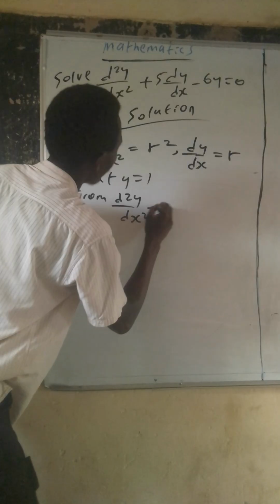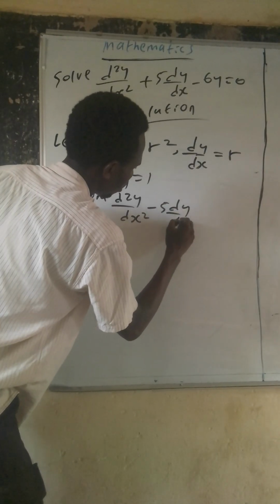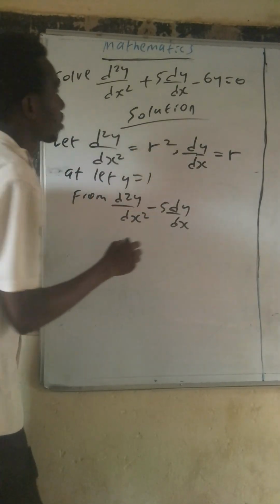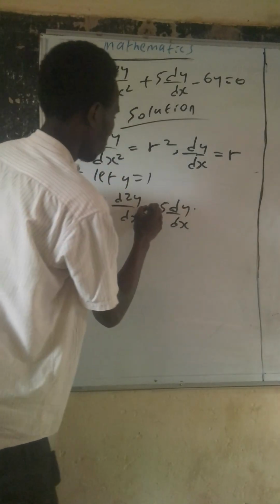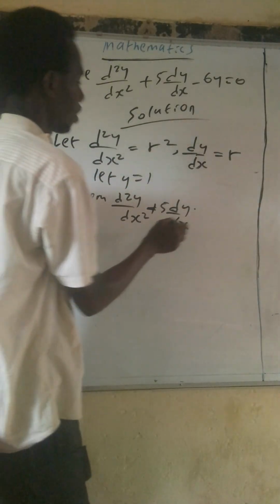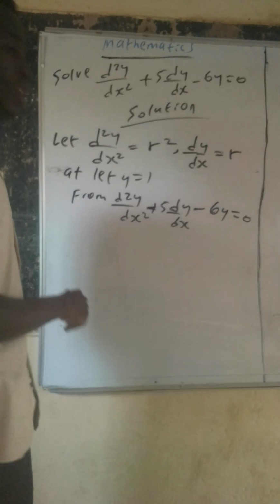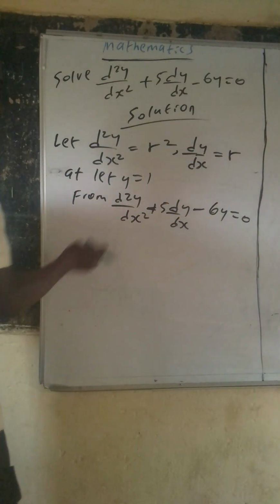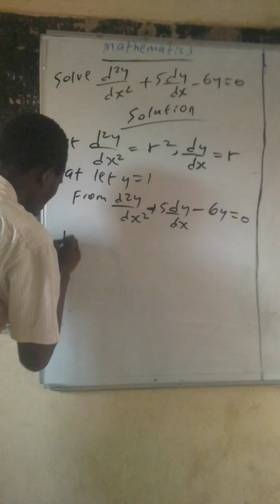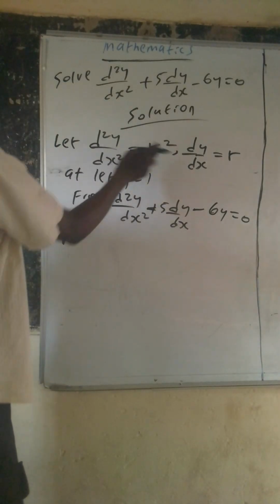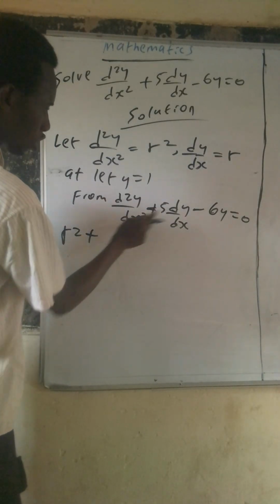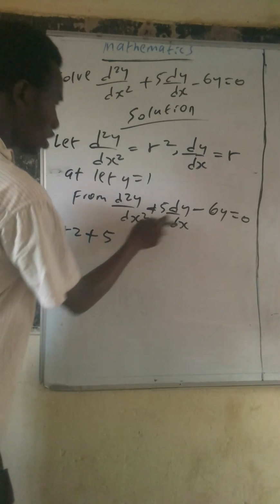So when we have done that, that means from this equation above, d2y dx squared plus 5 dy dx minus 6y equals 0. We said let it be r squared, right? So we have r squared. Then we have plus 5 dy dx.